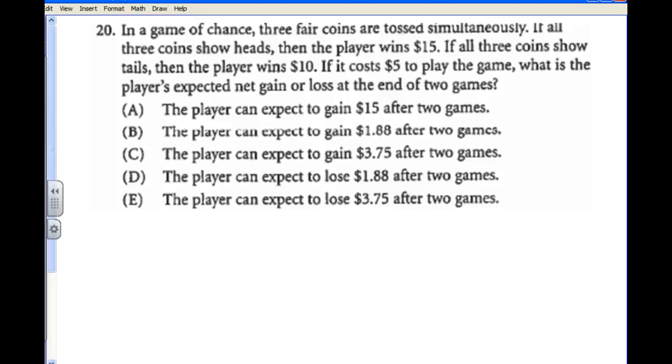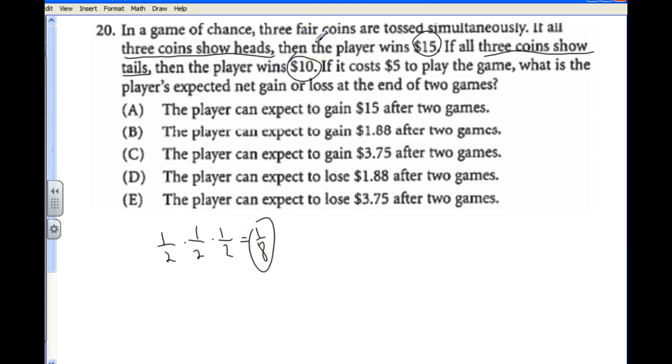In a game of chance, 3 fair coins are tossed at the same time. If all 3 coins show heads, by the way, the probability of that happening would be 1 out of 2 times 1 out of 2 times 1 out of 2, which is 1 out of 8. You would get 3 heads. You get $15 if that happens. If all 3 coins show tails, again, 1 out of 8 probability of getting all tails, you get $10.